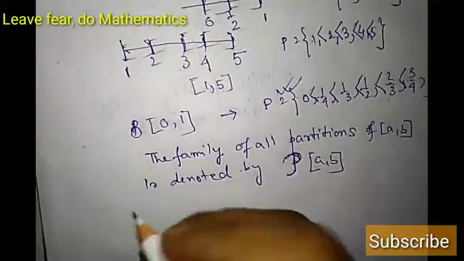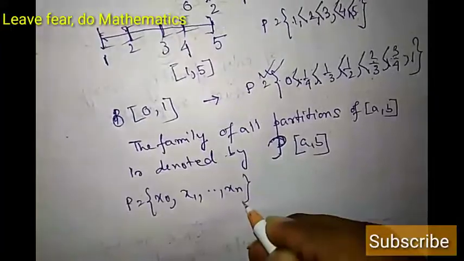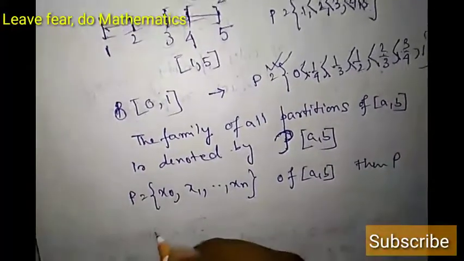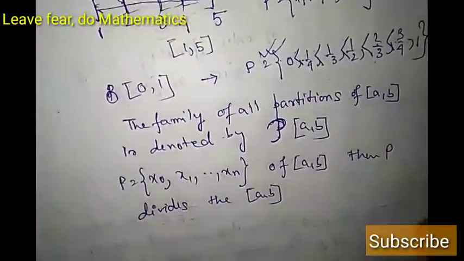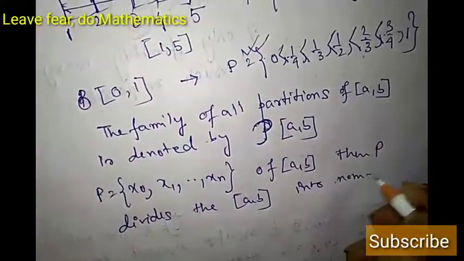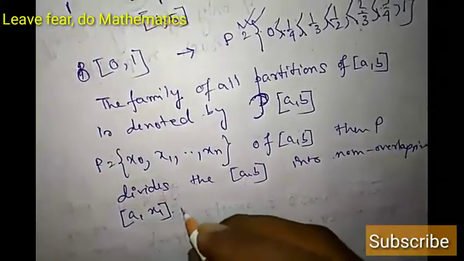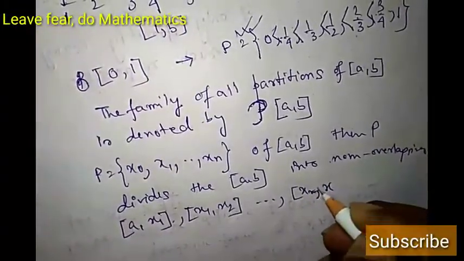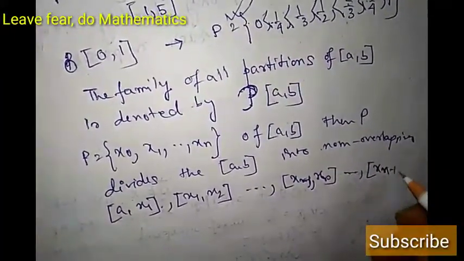Now arbitrarily, if P equals x0, x1, up to xn is a partition of the closed interval AB, then P divides the closed interval AB into non-overlapping subintervals like x0 comma x1, x1 comma x2, dot dot dot, up to xr minus 1 comma xr, and up to xn minus 1 comma xn.